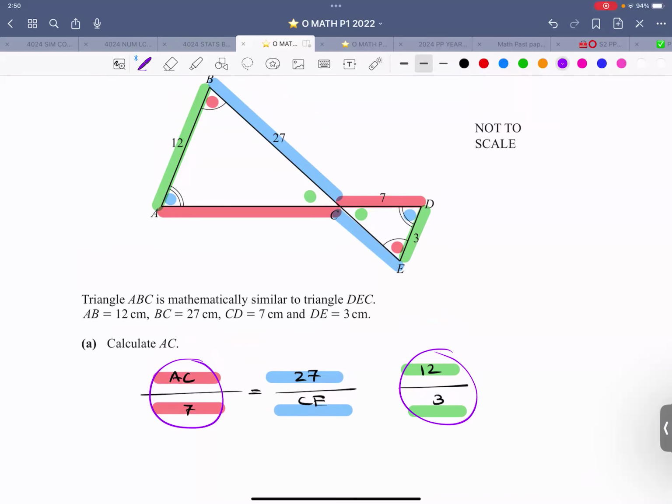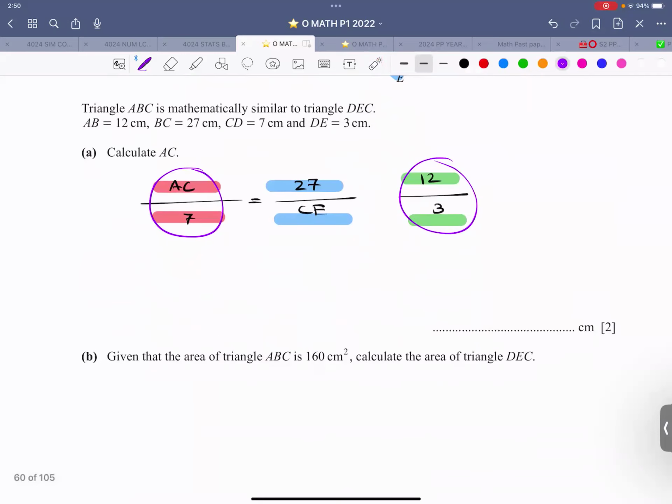The bigger triangle is 4 times bigger, since 12 divided by 3 is 4. So AC over 7 is 12 over 3. Therefore, AC is 4 into 7, which comes out to be 28 centimeters.